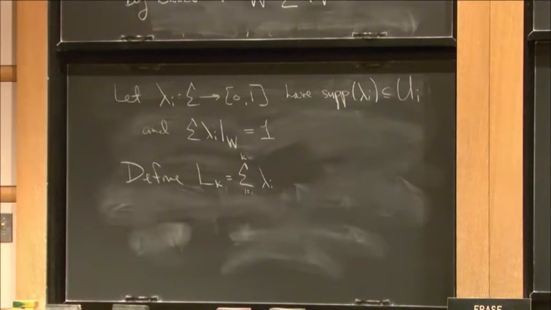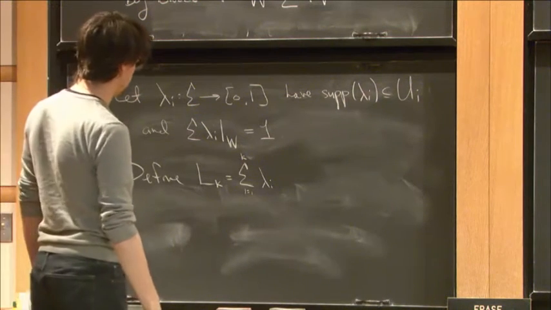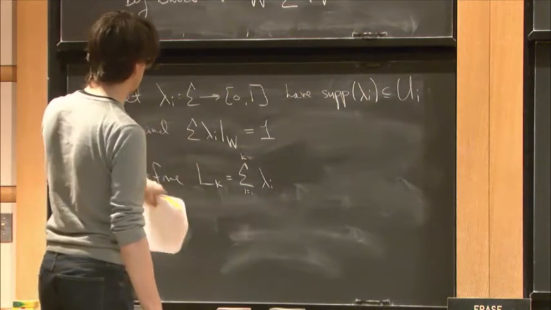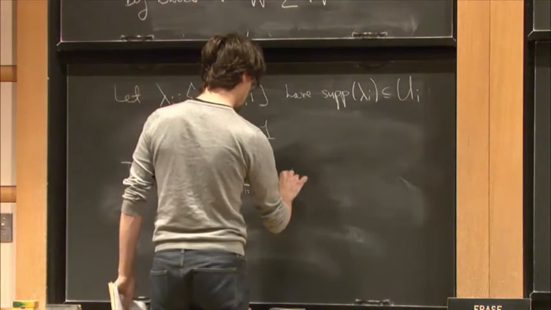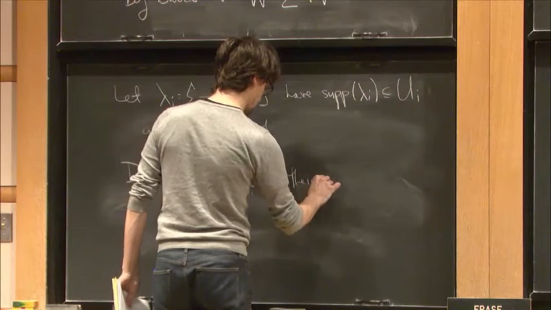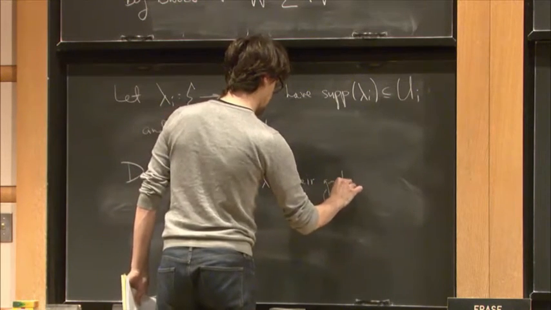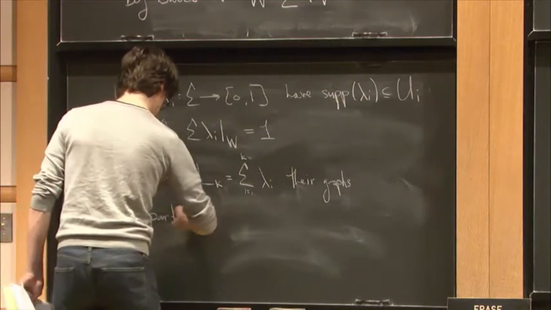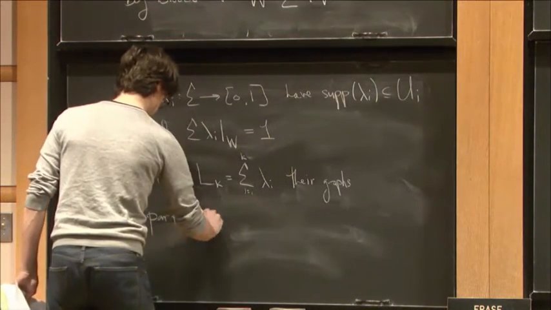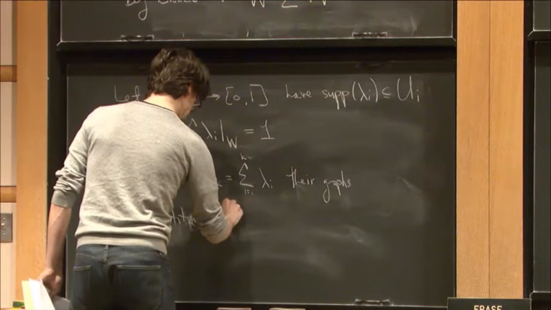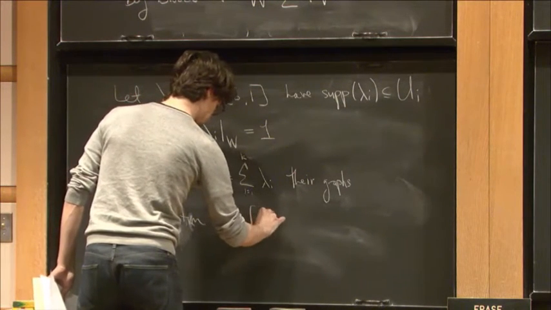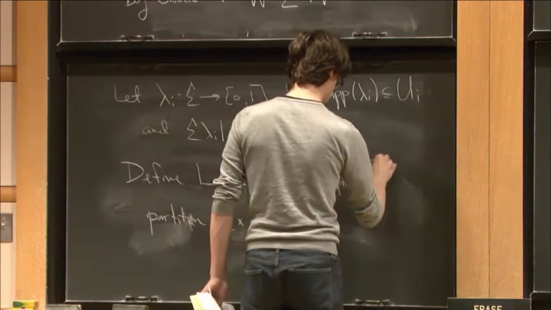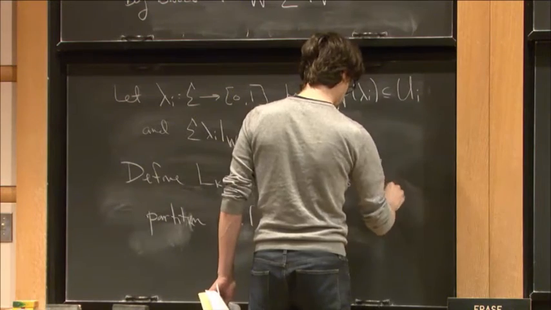You can use these to view as a partition of sigma cross 0, 1, their graphs, gamma sub L k.